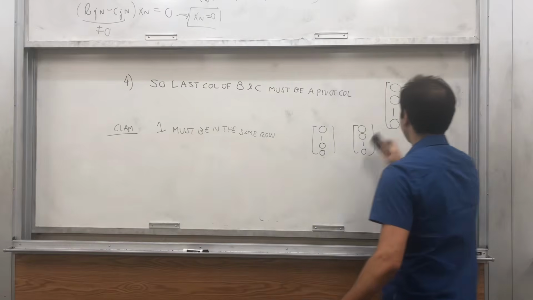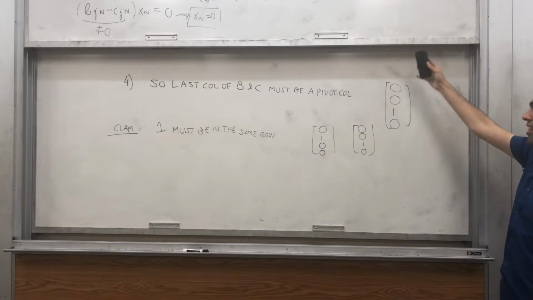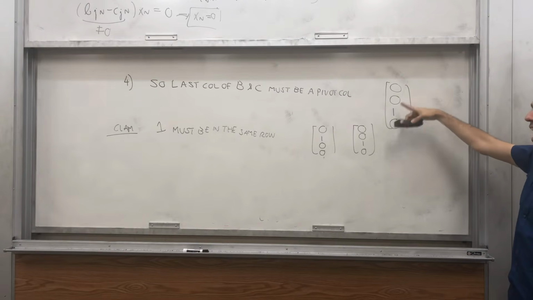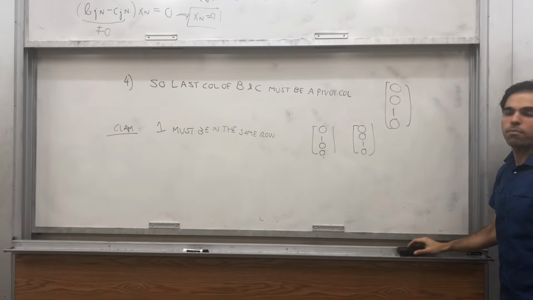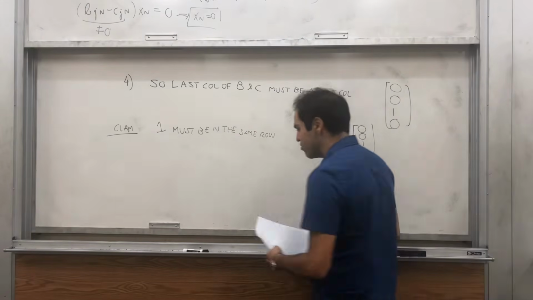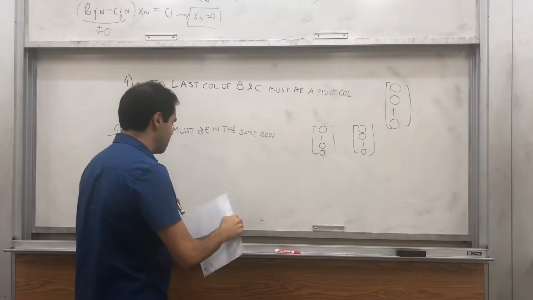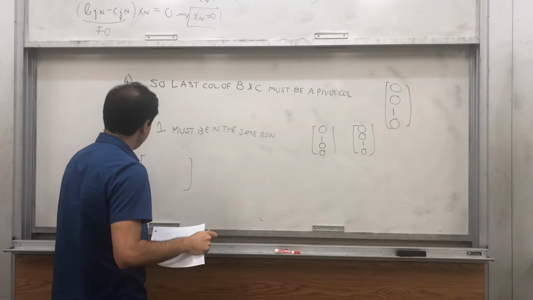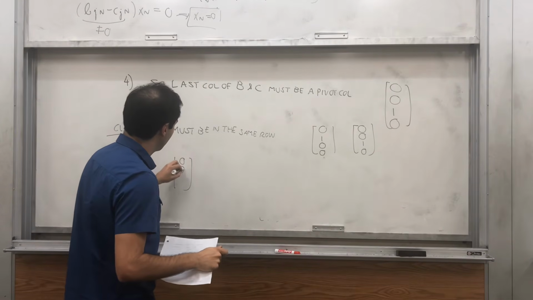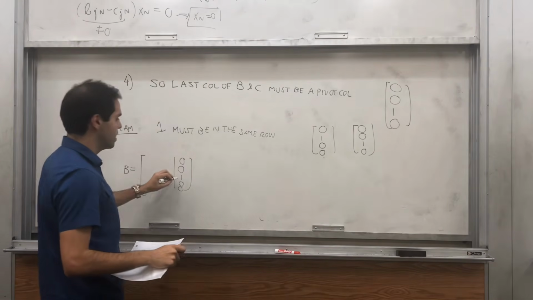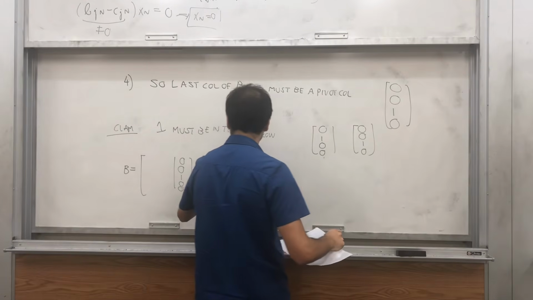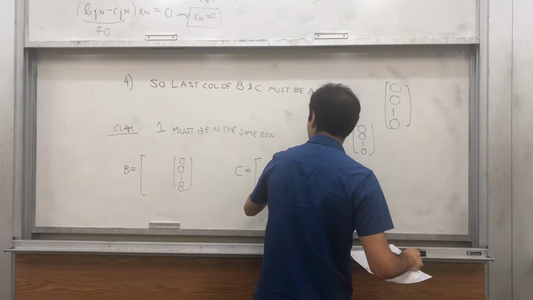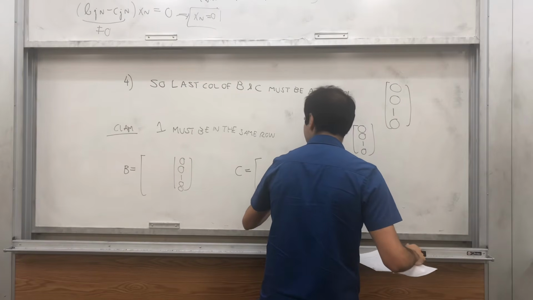Because both the last column of B and C must be a pivot column of this form, and the 1 is in the right place for both, it really means that B and C must be the same. B has this last column, a bunch of zeros and then a 1 and then 0, 0. And C also has the same last column with the exact same position of the 1.